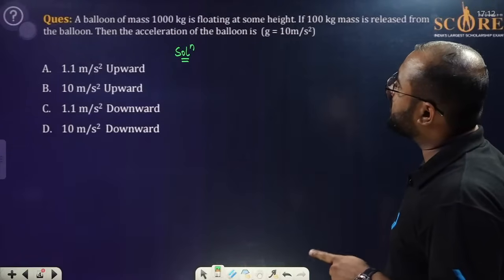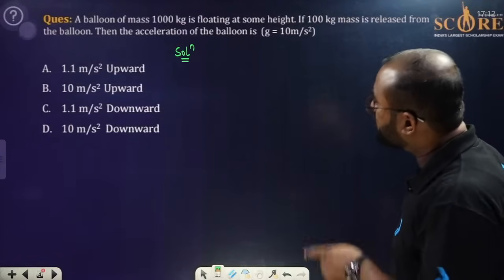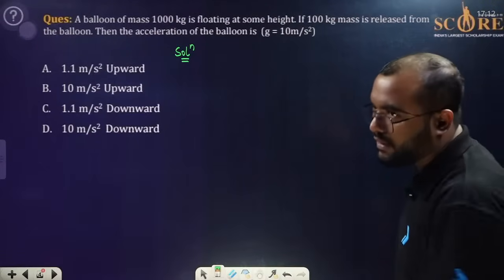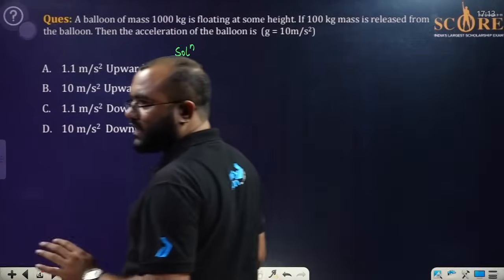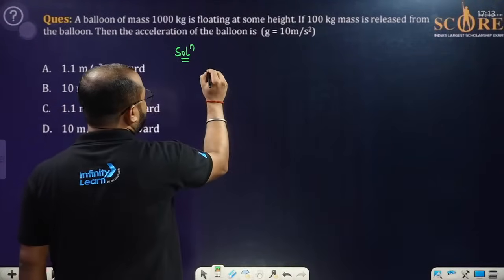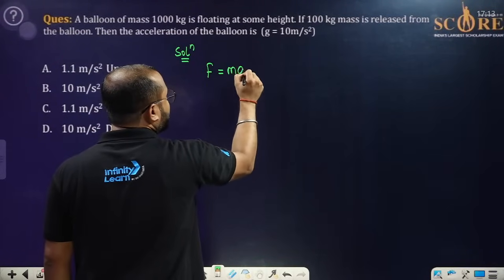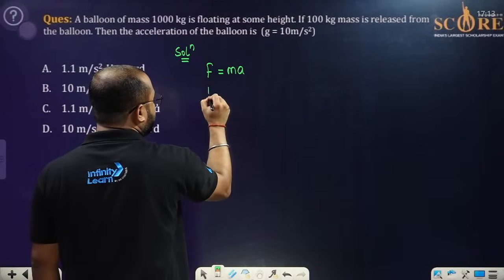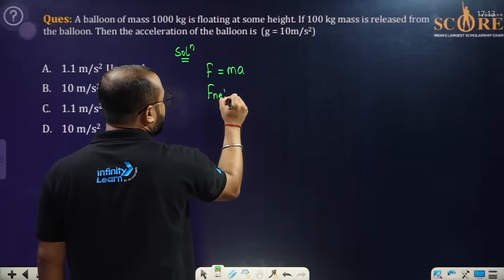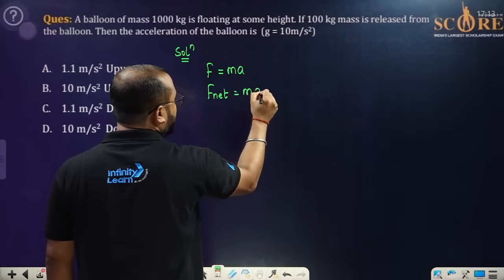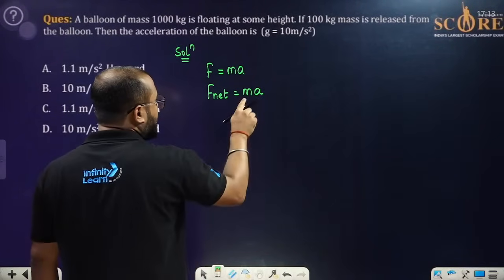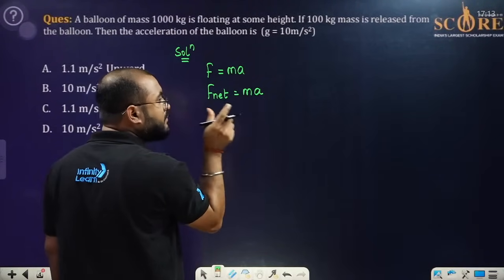So the acceleration of the balloon will be what? Now it is a very simple thing. As we know, the force will be equals to mass into acceleration. The net force will be equals to mass and the acceleration. So what is the net mass that we are having?